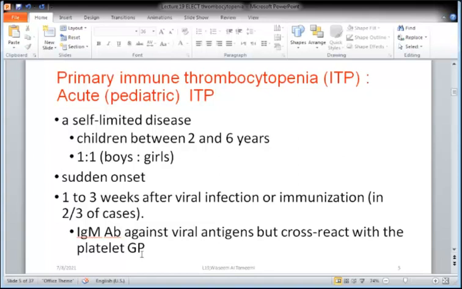So basically, the antibody is not generated against the platelet. It is generated against either viral antigen or any vaccine or any immune trigger. And through the cross-reaction, this IgM antibody will direct against the platelet glycoprotein, causing opsonization of the platelet and subsequently causing the engulfment of the platelet by the reticuloendothelial system.